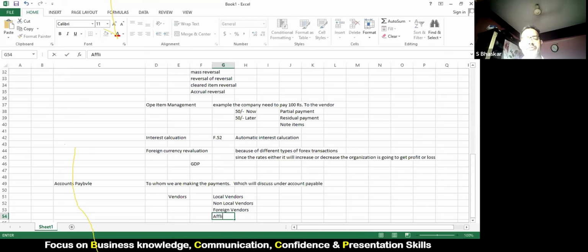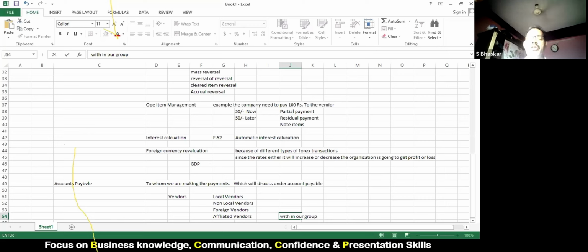And affiliated vendors. Affiliated means within your group: from our group to another group, I'm transferring material from that company to our company, within our group. It is like when our mother, when sufficient groceries are not there, takes a loan from the neighbors, a container of sugar or powder, different things she used to take.